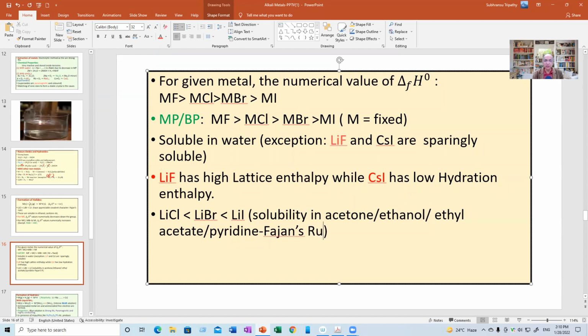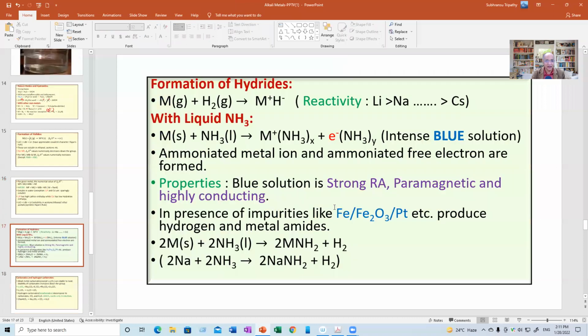Fajan's rule will tell you why lithium iodide is predominantly covalent. All three have appreciable covalent character, but the covalent character is highest in lithium iodide, so much so that you can address lithium iodide as a covalent compound. It's nearly 50% covalent.